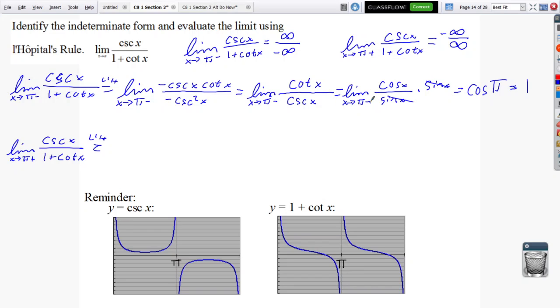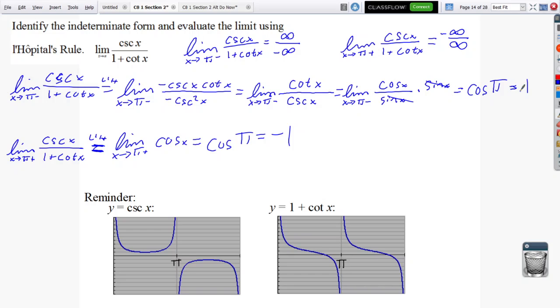So by a similar argument, the limit as x approaches pi from the right of cosecant of x over 1 plus cotangent of x would be equal to the limit as x approaches pi from the right of cosine of x, which would just be equal to cosine of pi, which, as we just discussed, is -1.